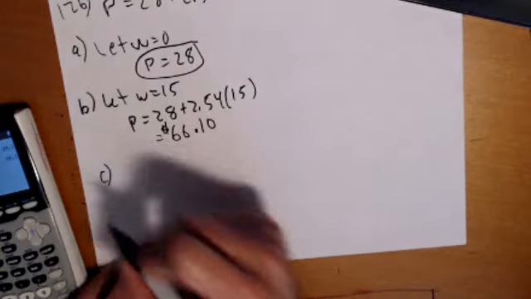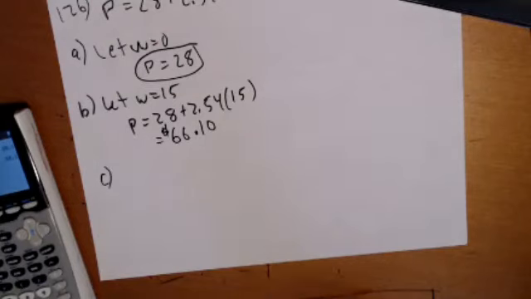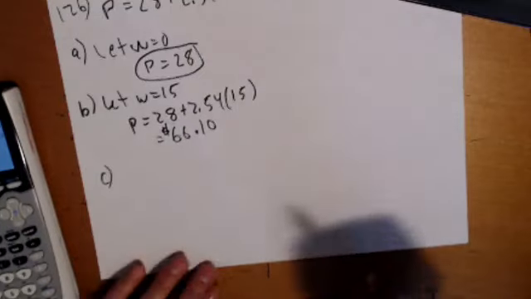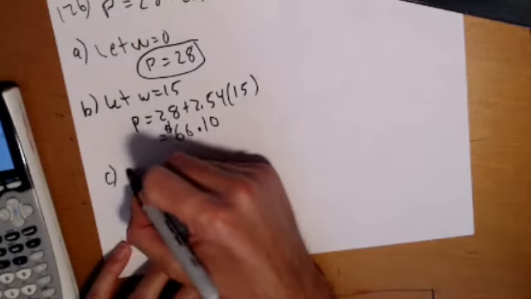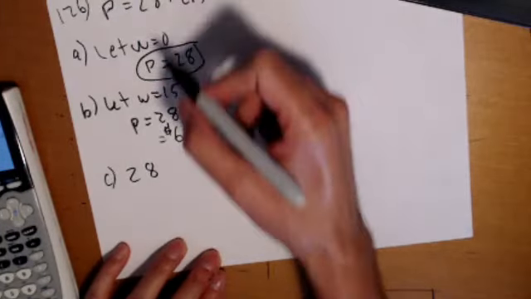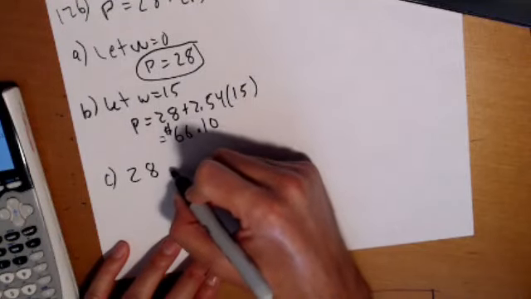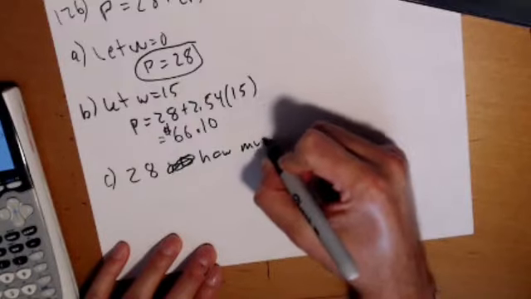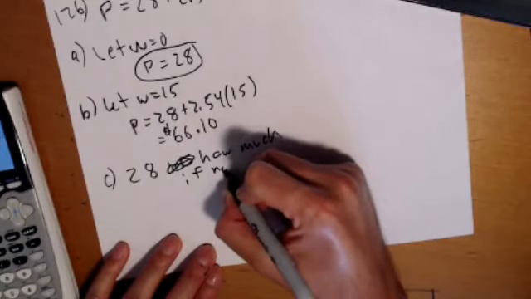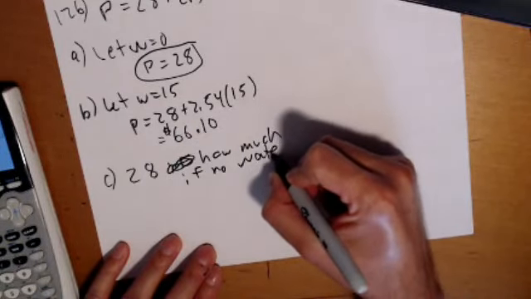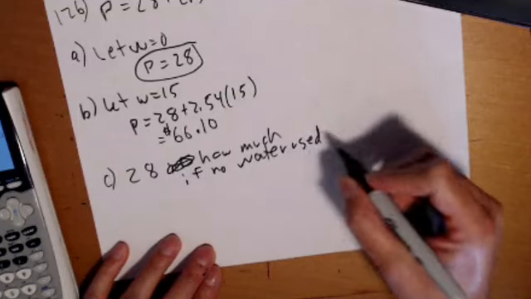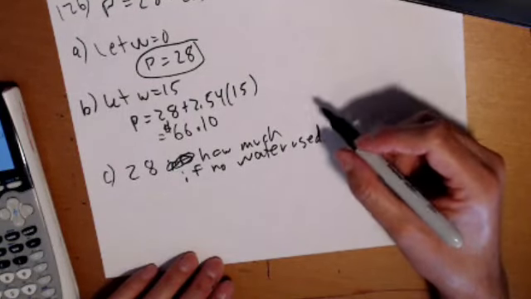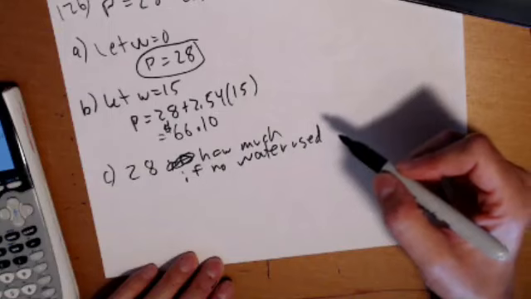Question C says interpret the slope and P-intercept of the solution. I kind of already said that the 28, the y-intercept, is how much it costs if no water is used. Just to keep the water on in the house, you have to pay 28 bucks per month.